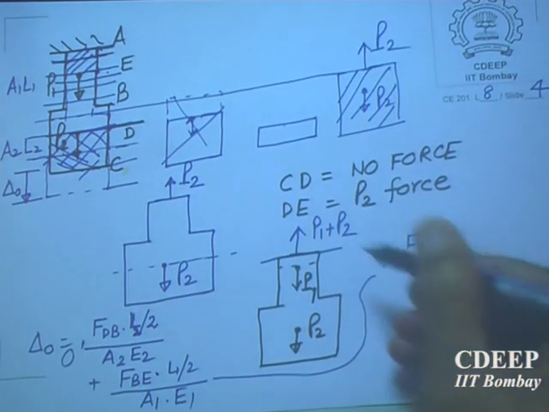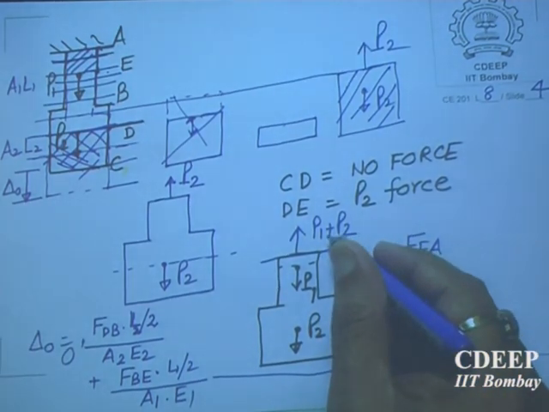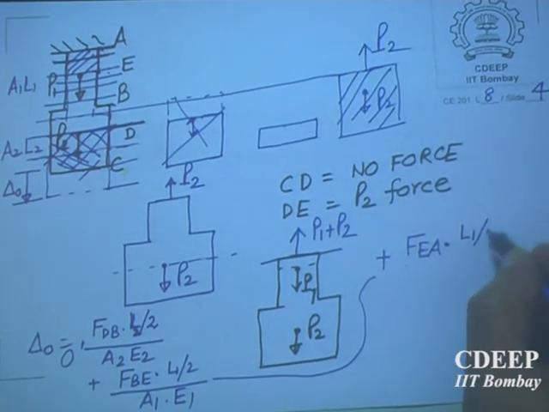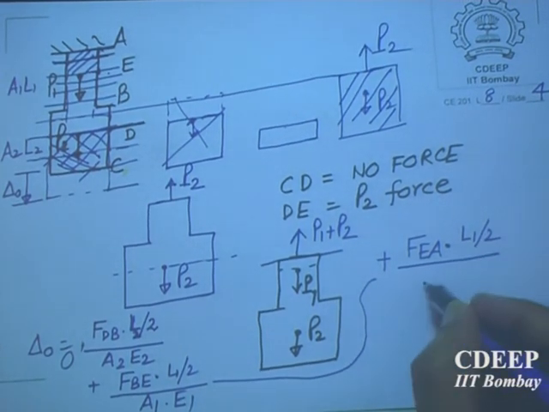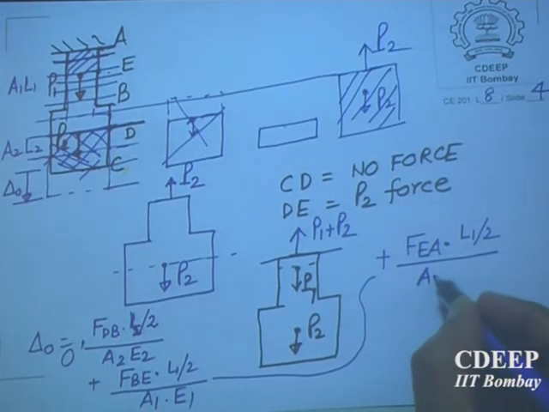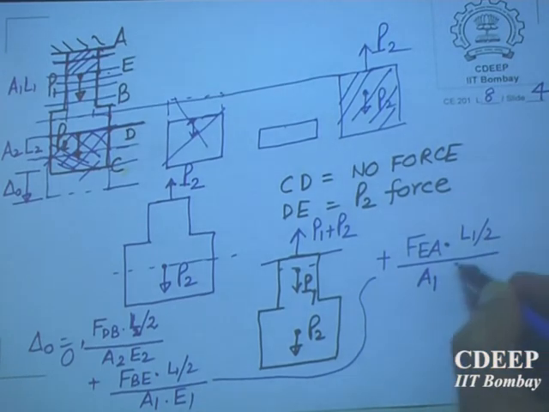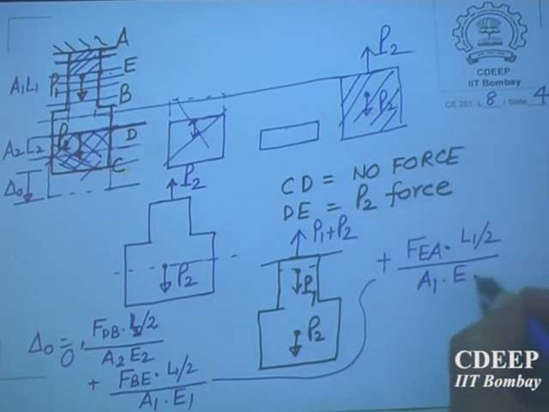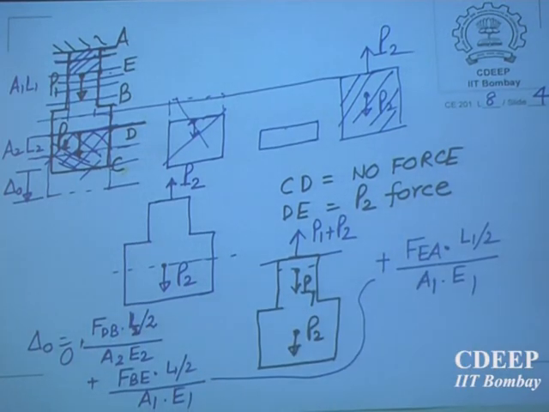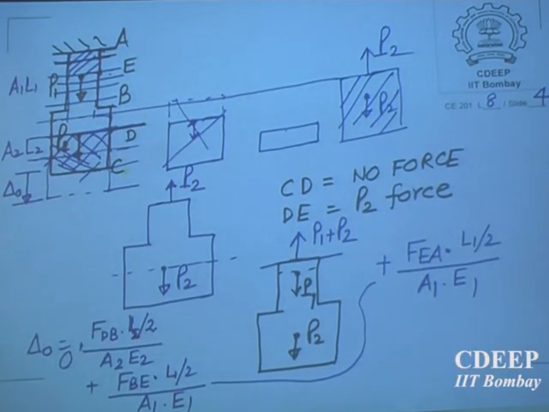What that you know already. It is P1 plus P2. But then that multiplied by L1 by 2 divided by area of cross section, which is A1 into E1. So summation of these three will give you delta naught.